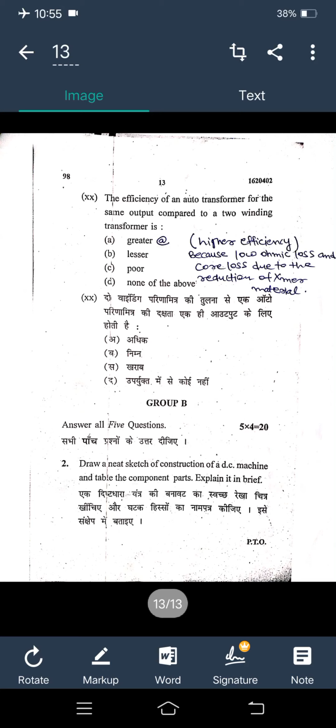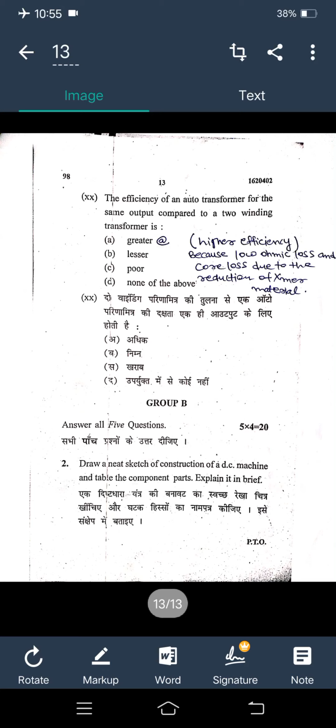Here in auto transformer less material has been used. Due to less material, ohmic resistance is reduced and core loss also reduced because of low conducting material used, as compared to two winding transformer. So the right answer will be option number A.